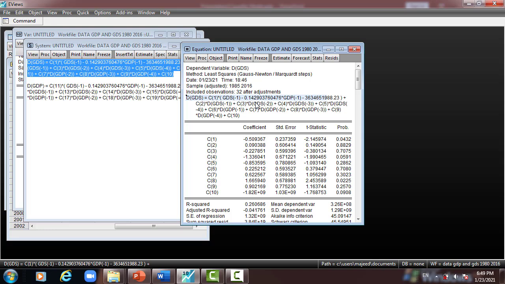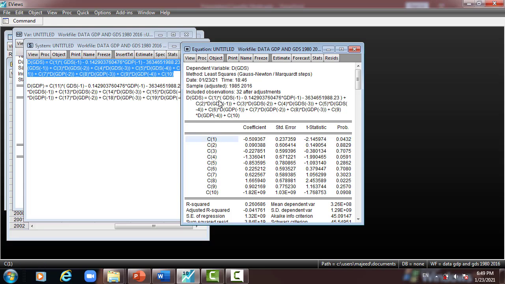So C1 lag 1, which is here, is negative, and statistically significant, because the p-value is 4.3%, which is less than 5%. When the p-value is less than 5%, it becomes significant, which means that GDP has long run causality on GDS.